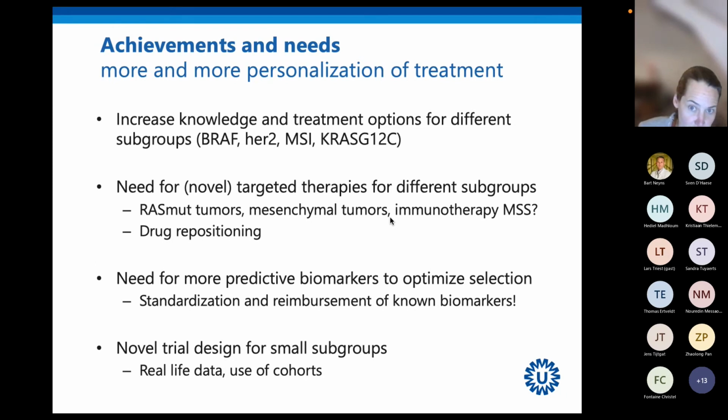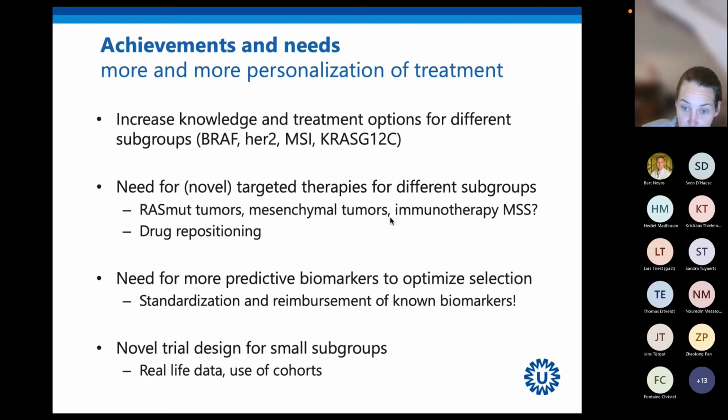There is a need for novel targeted options for some other important subgroups, so mainly RAS mutated tumors, but also the CMS4, so the mesenchymal tumors, which in general have quite a poor prognosis and no specific therapy exists. Of course, we would love to have immunotherapy for microsatellite stable tumors to mimic the good responses seen in MSI.